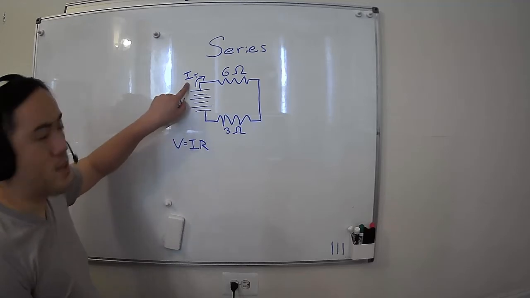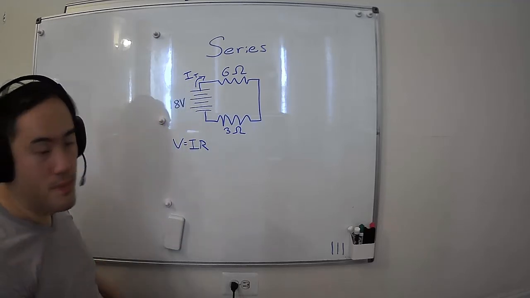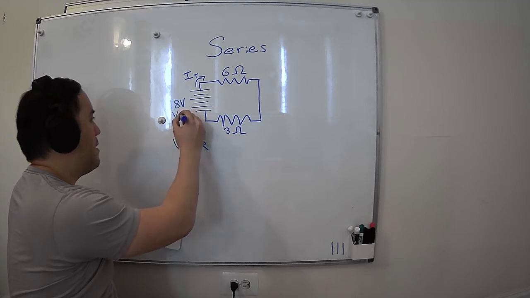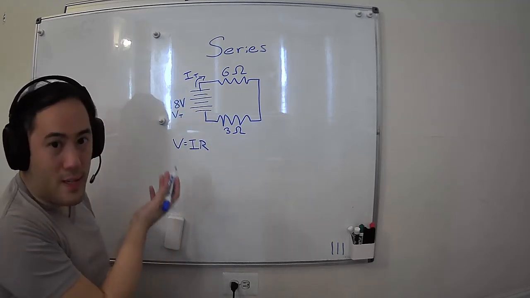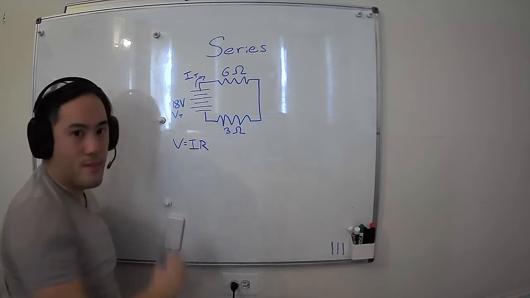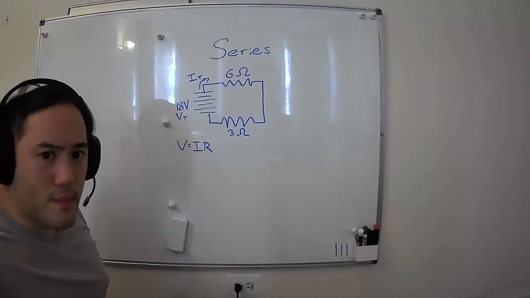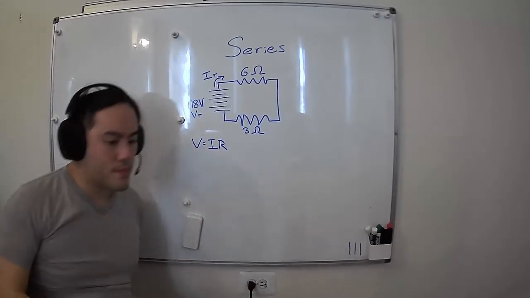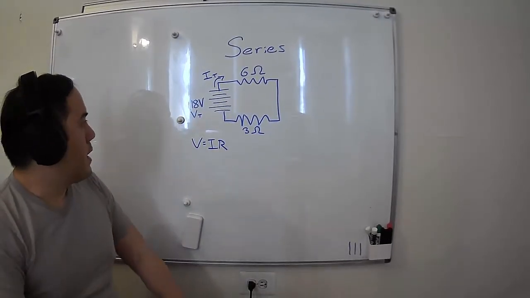I'll call this I total, IT for I total. And this 18V, we'll call that V total. There is no other V, but for now, this 18 volts, that's the total V.